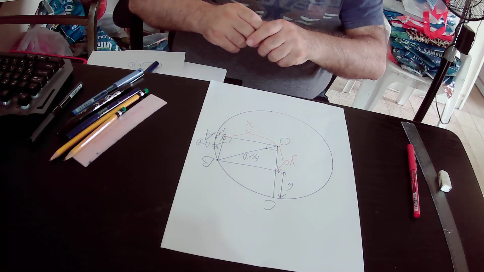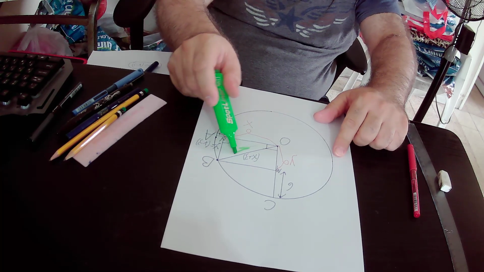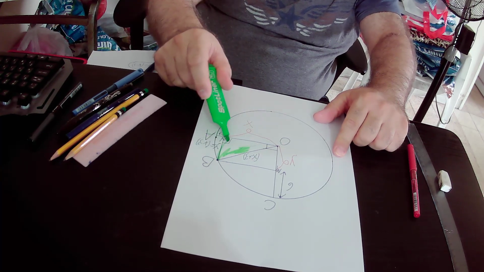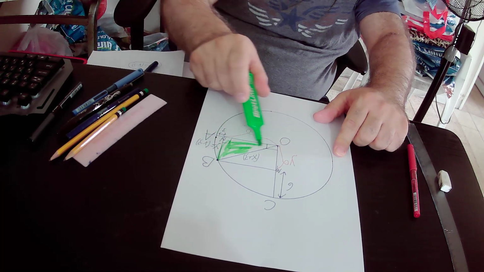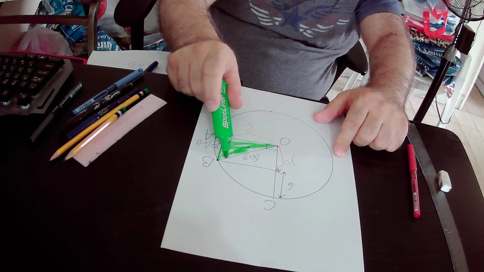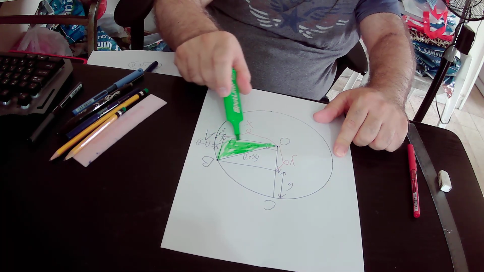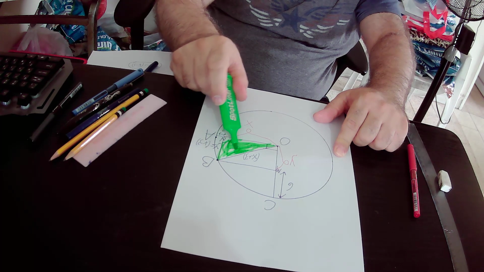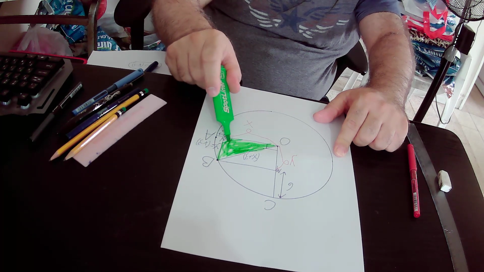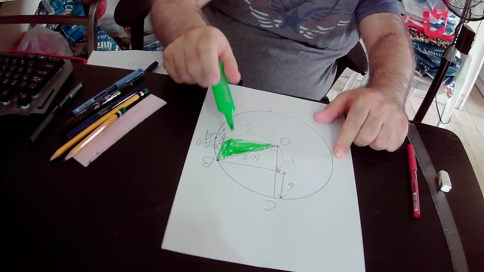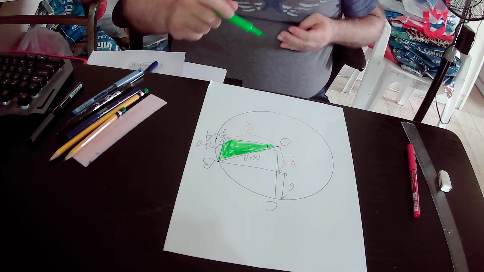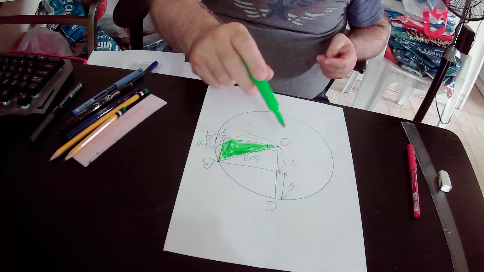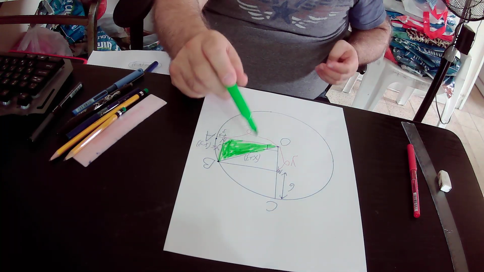In the right green triangle ONB, we know that the hypotenuse equals x plus 3.